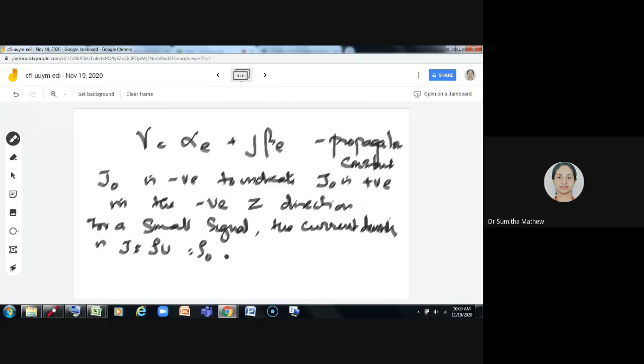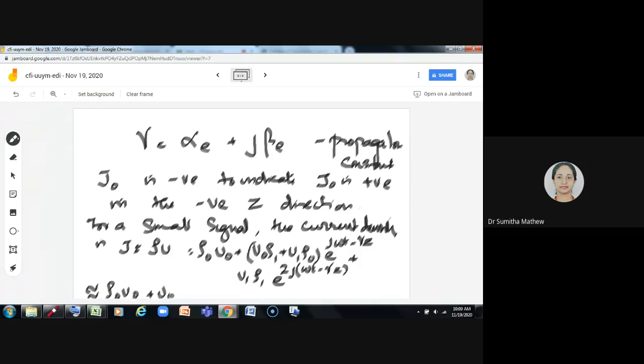Okay. So rho 0 v0, multiplying them, you get v0 rho 1 plus v1 rho 0 into e raised to j omega t minus gamma z, plus v1 rho 1 e raised to 2 j omega t minus gamma z, which is approximately equal to rho naught v naught plus v naught rho 1 plus v1 rho naught into e raised to j omega t minus gamma z.